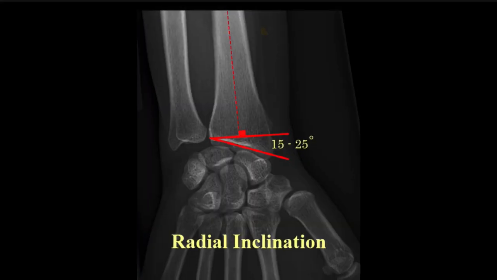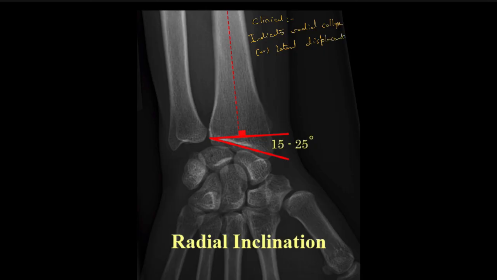clinically, this radial inclination indicates radial collapse or lateral displacement. If it is decreased from the normal value of 22 degrees, where the normal range is 21 to 25, then we have to suspect radial collapse or lateral displacement.